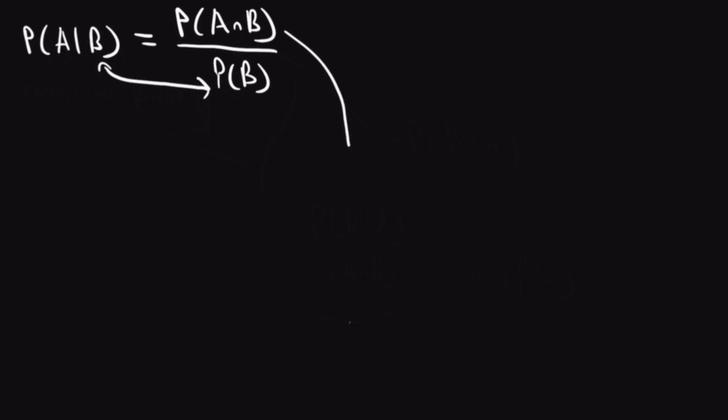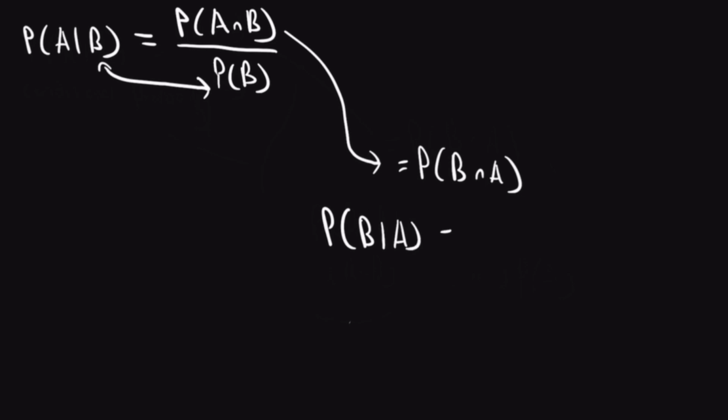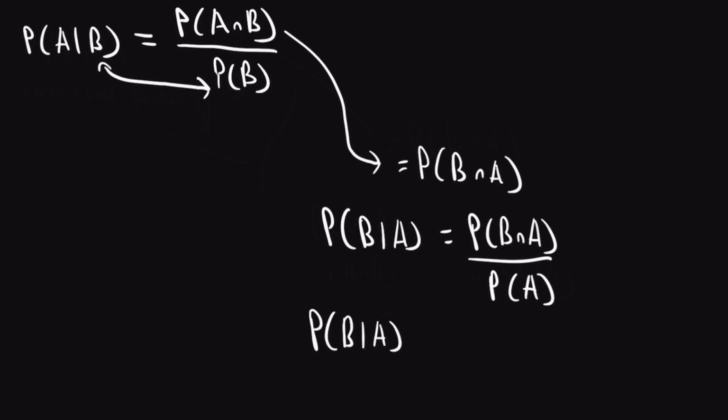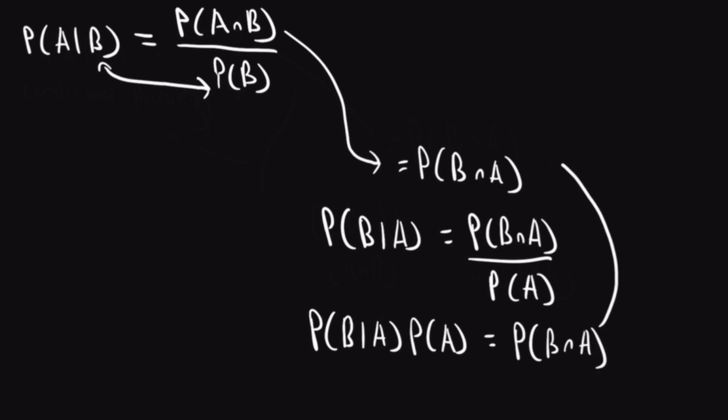And another thing to notice, in the numerator, you see probability of A and B. This is equal to probability of B and A. So using Bayes' theorem here, let's say we want to find the probability of B given A, and this would be equal to probability of B and A divided by probability of A. So we could multiply both sides by probability of A, and we get probability of B given A times probability of A, which is equal to probability of B and A. So as I said, this is equal to probability of A and B.